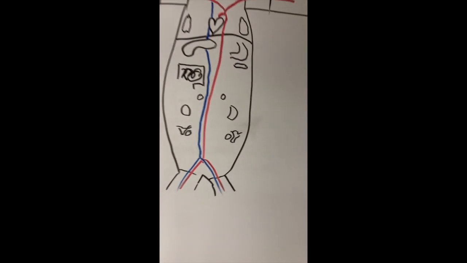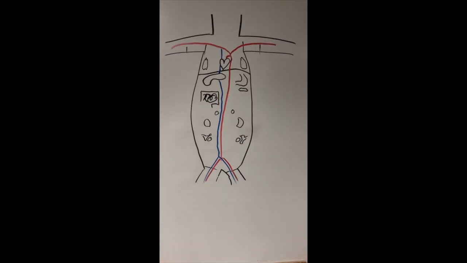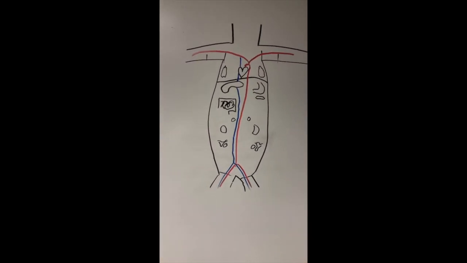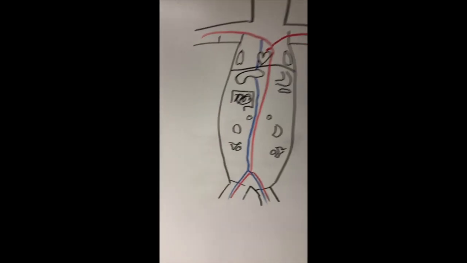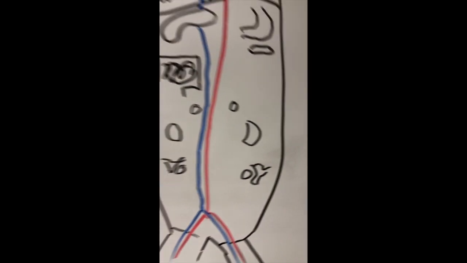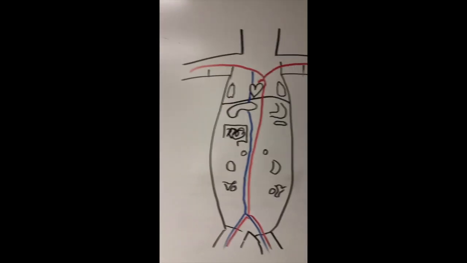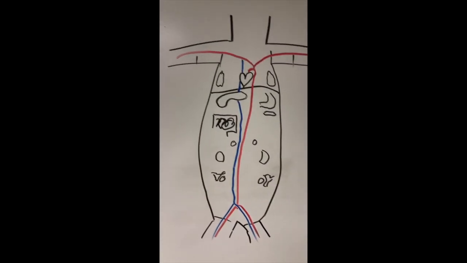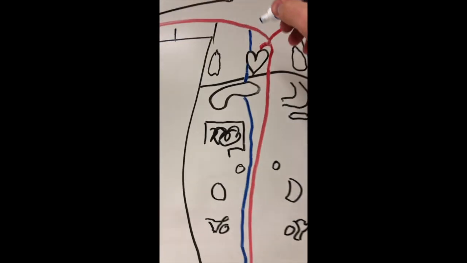So from here we'll start to fill things in with some of the major landmarks and divisions that you should be able to recognize. So I think it's a little bit easier to start with everything above the diaphragm, and frankly, I think the brachiocephalic trunk right here is a good place to start.